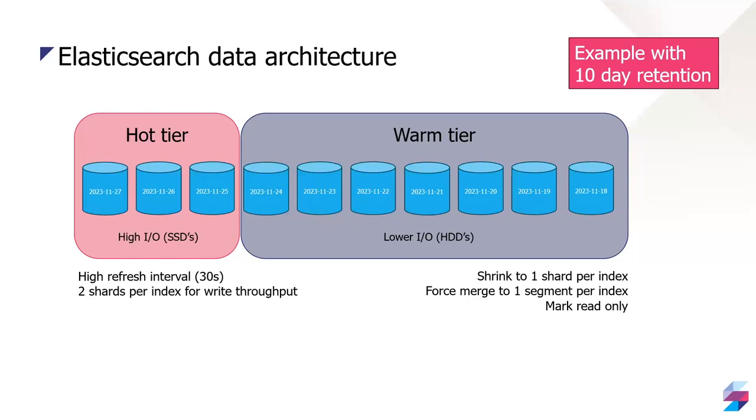You always write to the transaction log, and then it does internal refreshes that decide when this data will come into the search. The default value is 1 second. We have increased that to 30 seconds, because why bother using more resources than we need to keep the data that readily available, so we can save some resources.